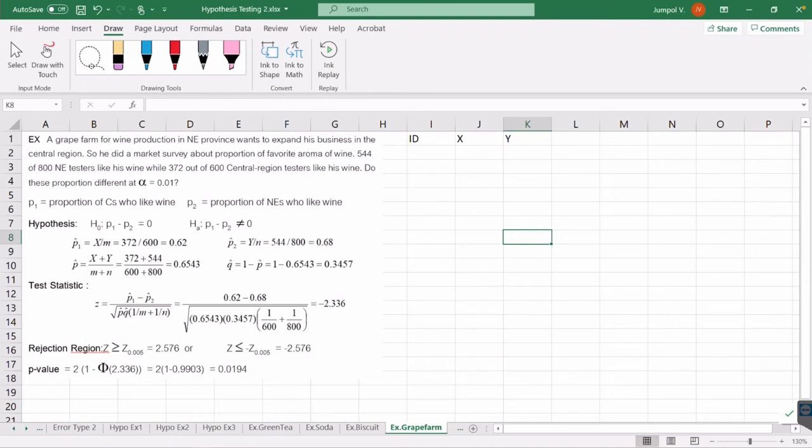Okay, so the null hypothesis is P1 minus P2 equal to 0, right? And the alternative hypothesis is P1 minus P2 not equal to 0.